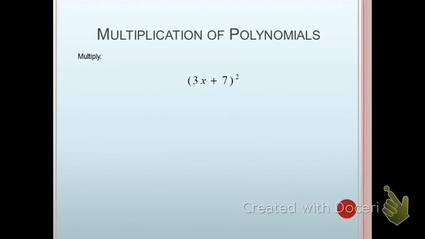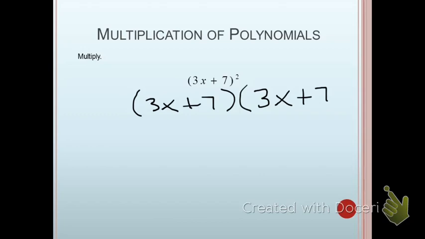So here we have 3x plus 7 all raised to the second power. So let's go ahead and rewrite that as 3x plus 7 times 3x plus 7. And then we'll go ahead and just use FOIL to multiply. So F, 3x times 3x is 9x squared.